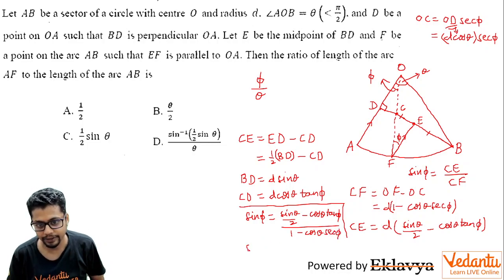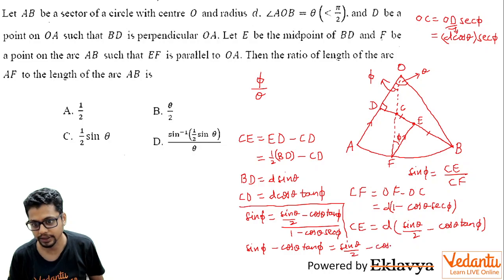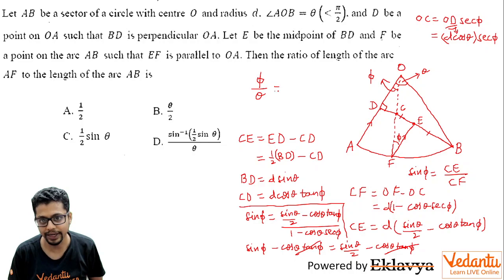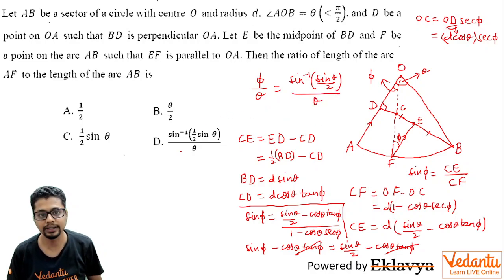Here sine phi minus cos theta sec phi, sine phi is what? Cos theta tan phi, is equal to sine theta by 2 minus cos theta tan phi. So this cos theta tan phi cancels out, and what you get is sine phi is sine theta divided by 2. So that means phi is sine inverse of sine theta by 2, and you have divided by theta. So this is what we wanted. D is the answer. Thanks for listening.